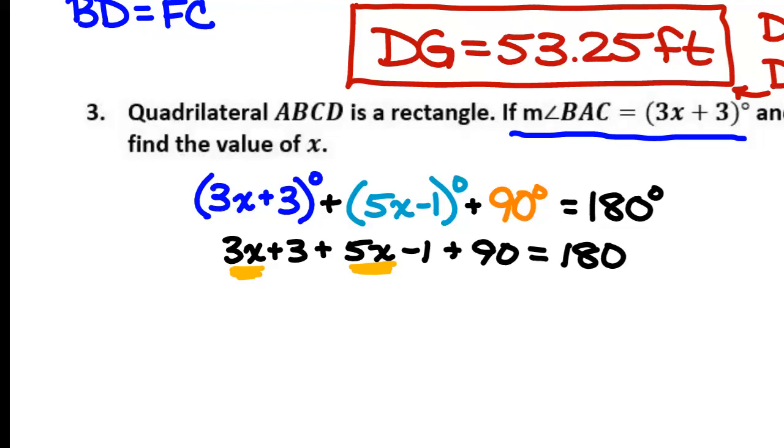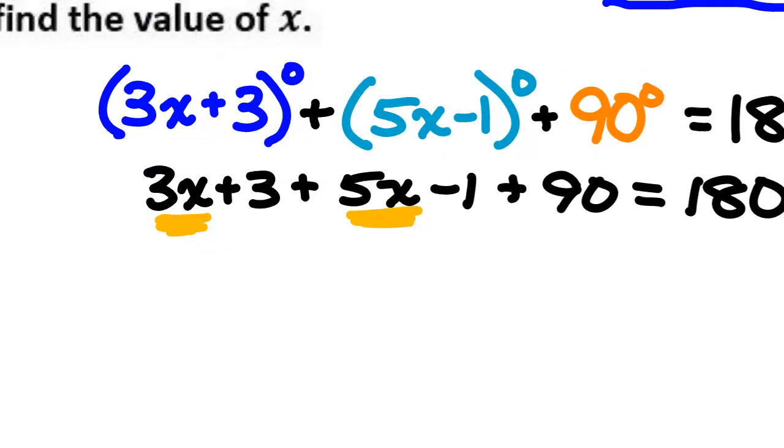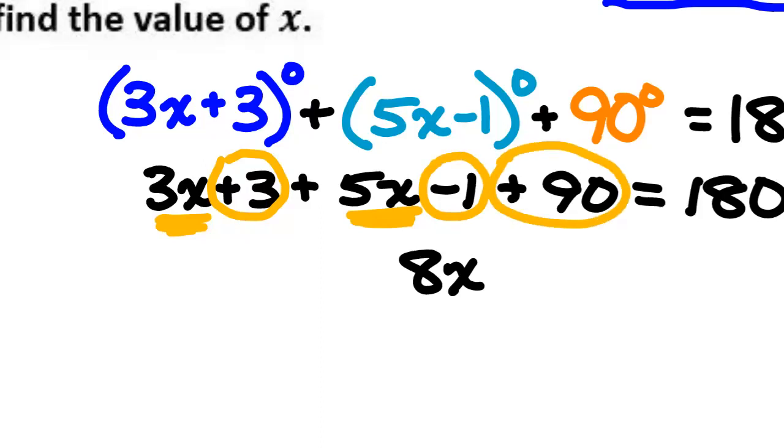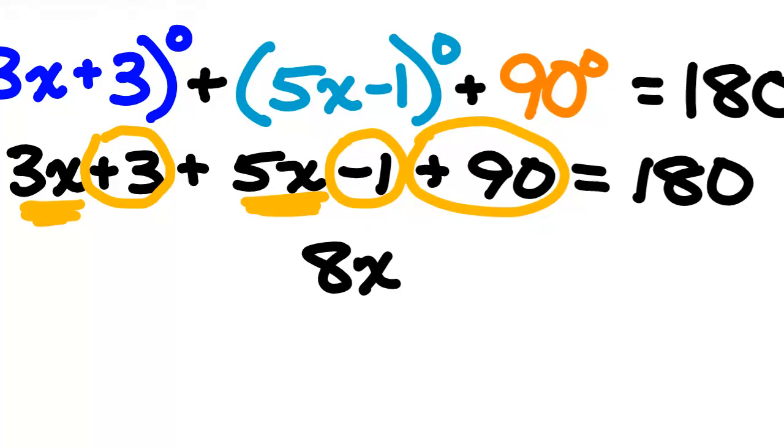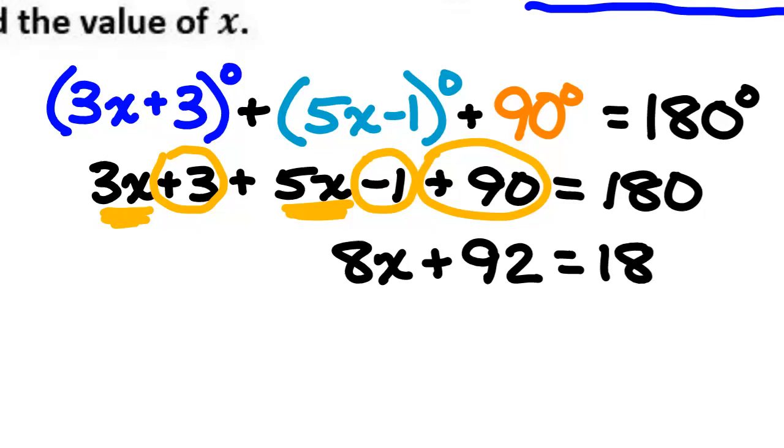I have x written down in 2 spots, but how many x's when I collect them all together? 8. Yep, 3 plus 5. So I have 8x, and then I have to collect my constants together. I have a positive 3, and then a minus 1, and a plus 90. What is 3 minus 1? 2. Plus 90 more? 92. So 8x plus 92 equals 180.